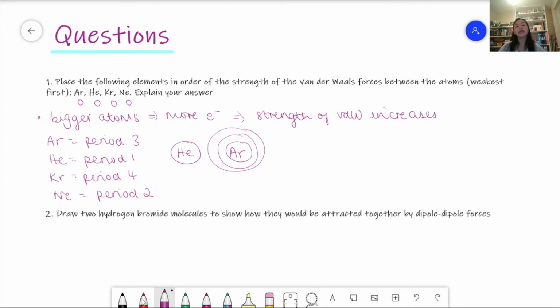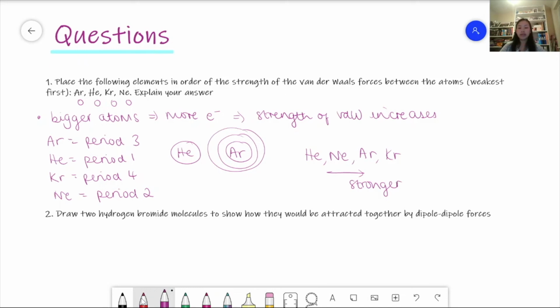So we can tell that krypton is the biggest atom because it has 4 shells. And so the order of the elements in strength of van der Waals forces would be helium, neon, argon, and then krypton. So this would be getting stronger.